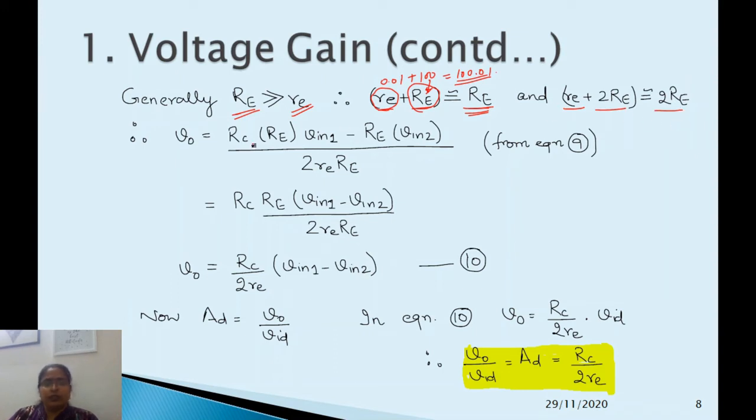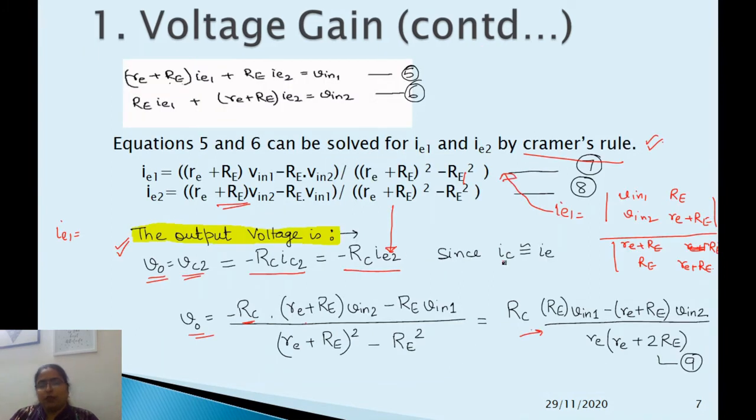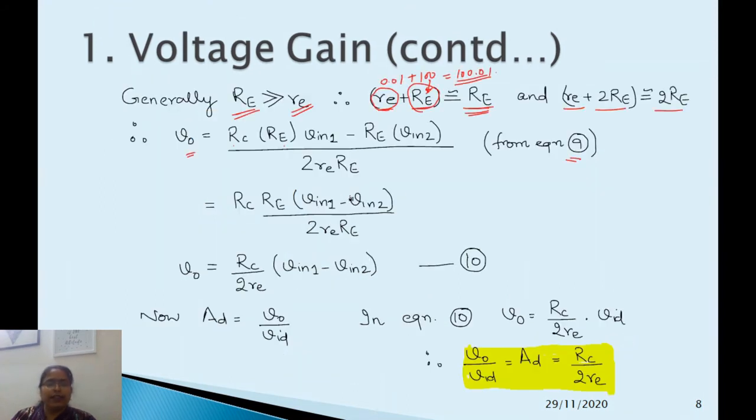Replacing this in equation 9, we get V0 is equal to RC into RE into V in 1 minus this, because now this is equal to RE and this is equal to 2RE. Solving this, we get V naught equal to RC upon 2 RE into V in 1 minus V in 2.